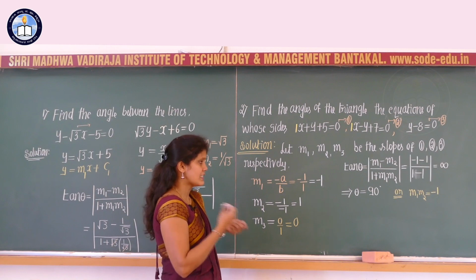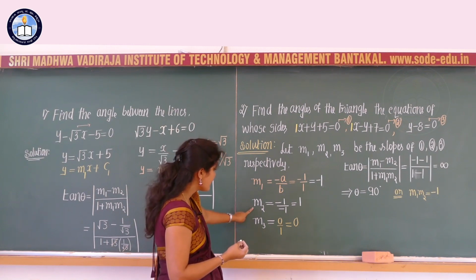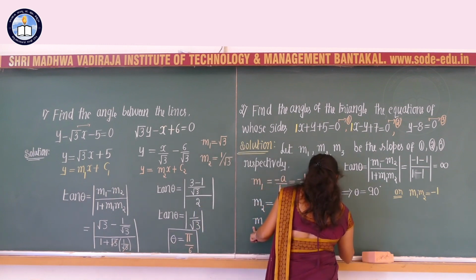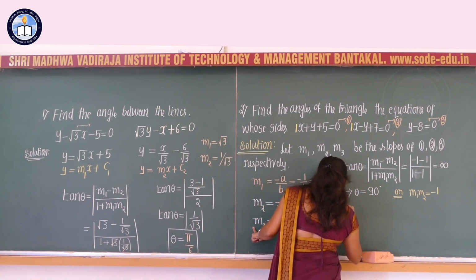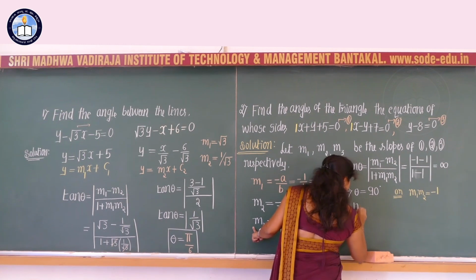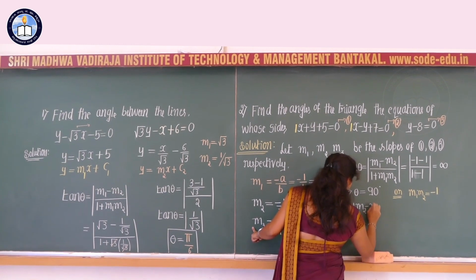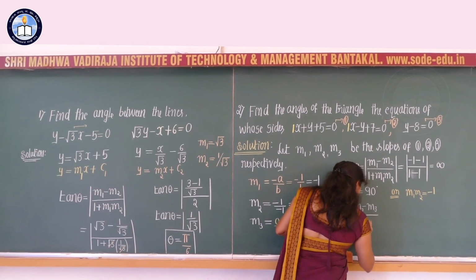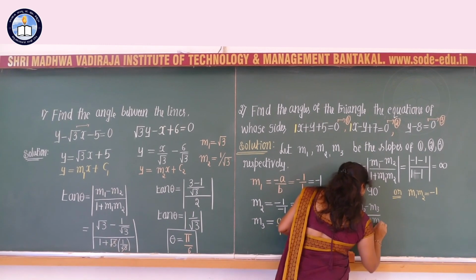So now let's consider the angle between m2 and m3. I am applying the formula for these two slopes m2 and m3, that is tan theta equal to m2 minus m3 divided by 1 plus m2 into m3.